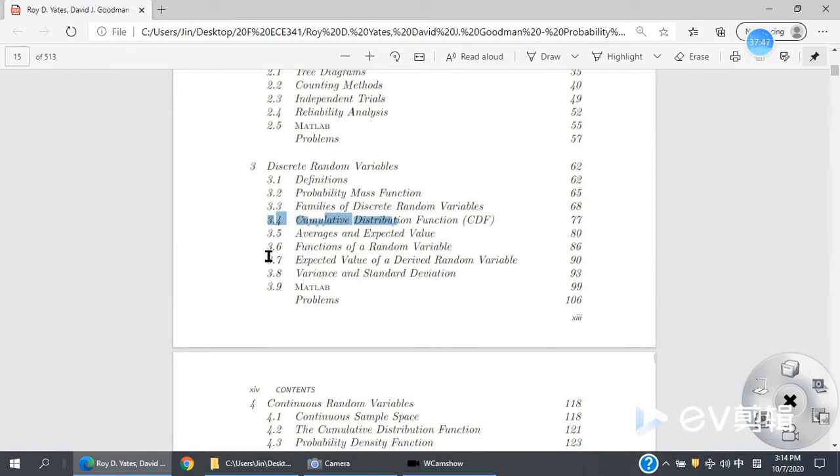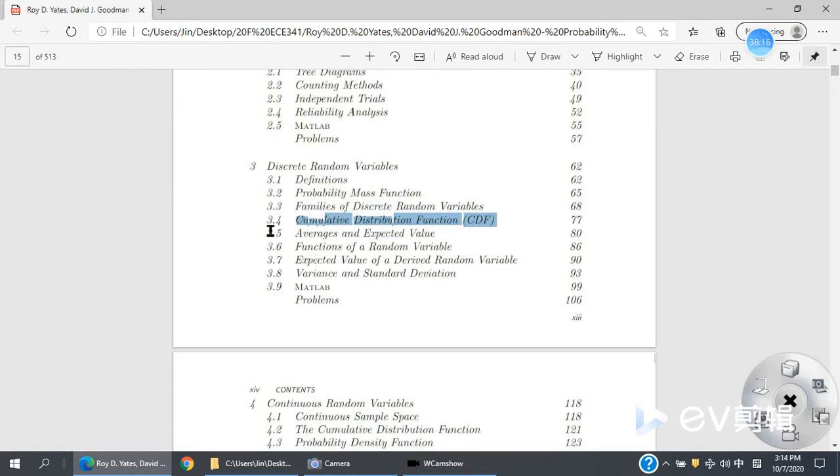And then after you study the expected values and also the variance, the textbook considers those random variables again in the rest of the sections.